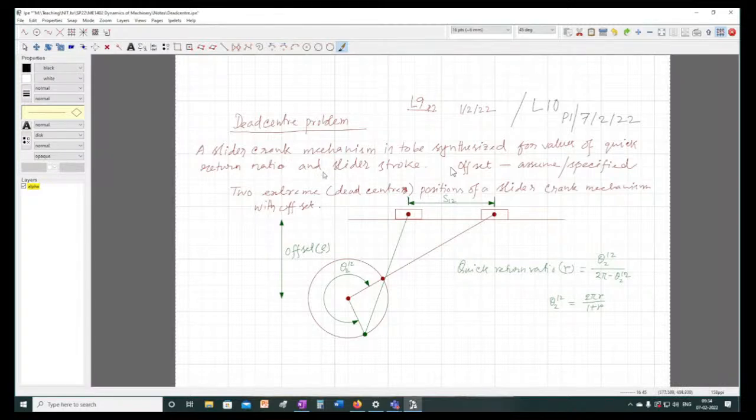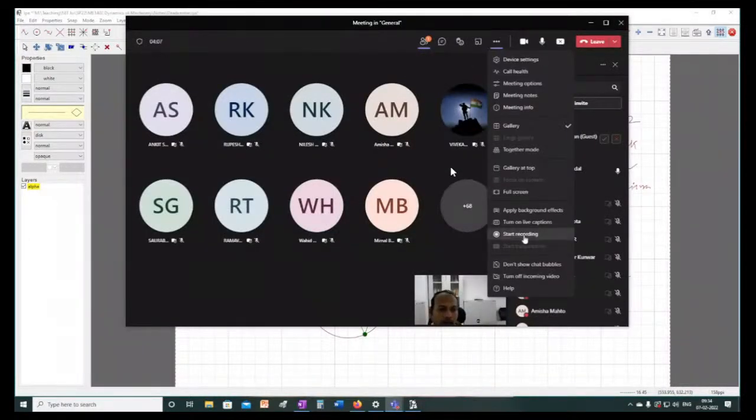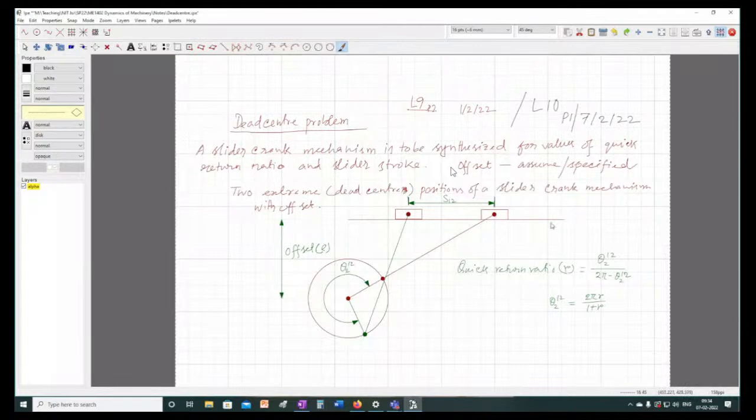In this case, we have started the dead center problem where we said that if the two dead centers of a mechanism are known to us, dead centers meaning the extreme positions of a mechanism, then we can find out what the mechanism is.